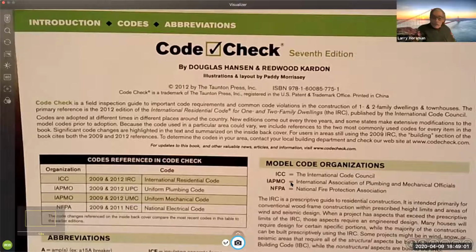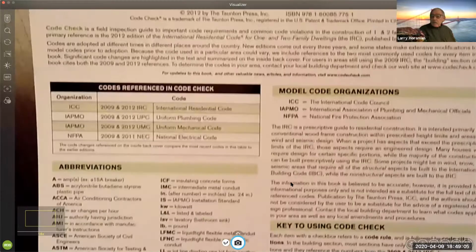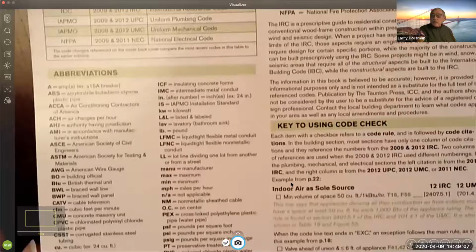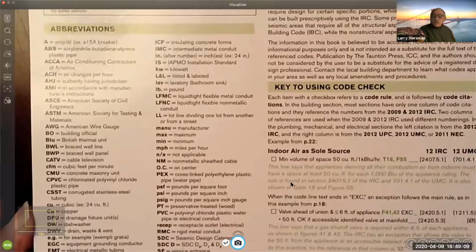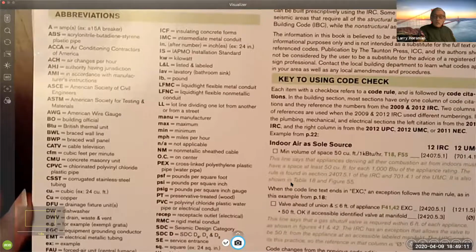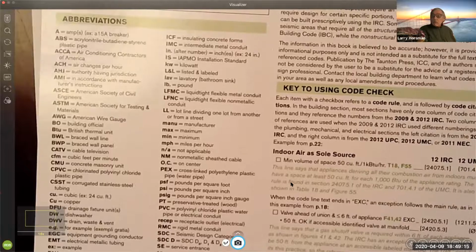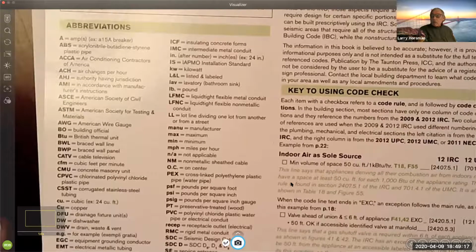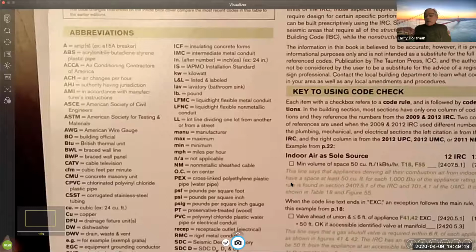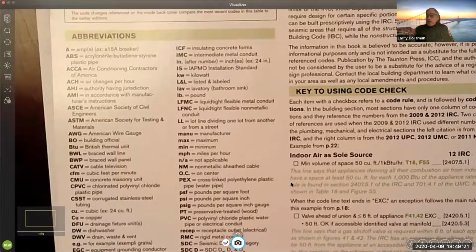Hopefully, as I scroll up, if you're going through the book and you see an abbreviation of some sort, they're all here. This is inside the front cover.